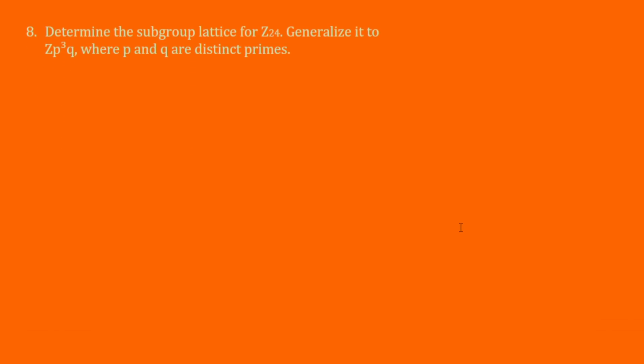All right, so for problem 8, we are asked to determine the subgroup lattice for Z24 and generalize it to the form Z p cubed q, where p and q are distinct primes. Well, let's take a look at this.